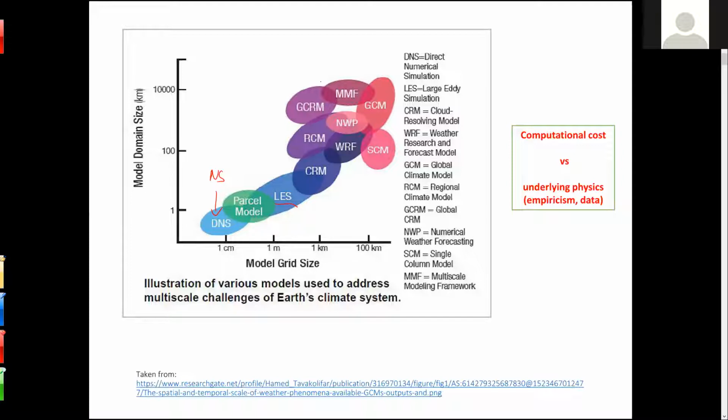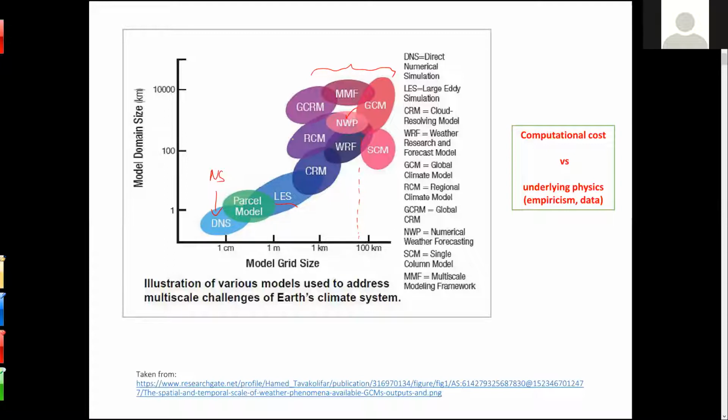Again, what we are actually interested in is at this level. So the global circulation model or the numerical weather prediction model size. So these are the grid sizes. For instance, for global climate models, the grid size is around 100 kilometers.